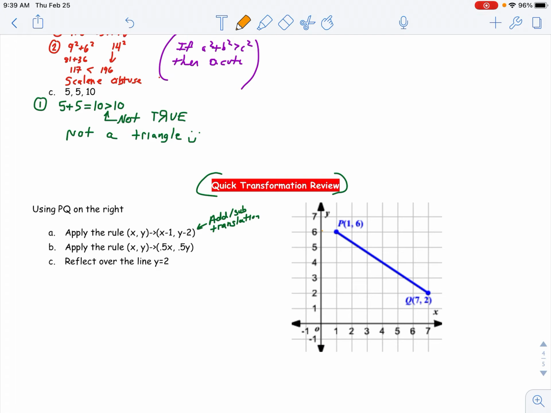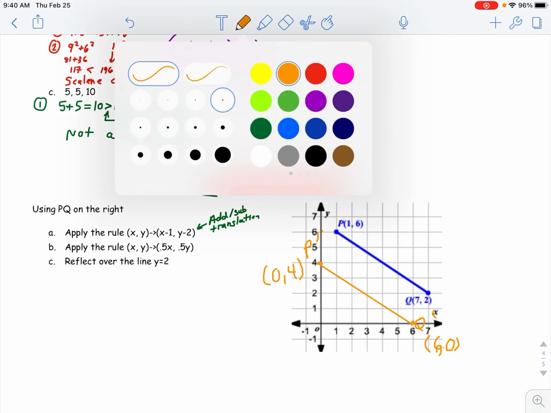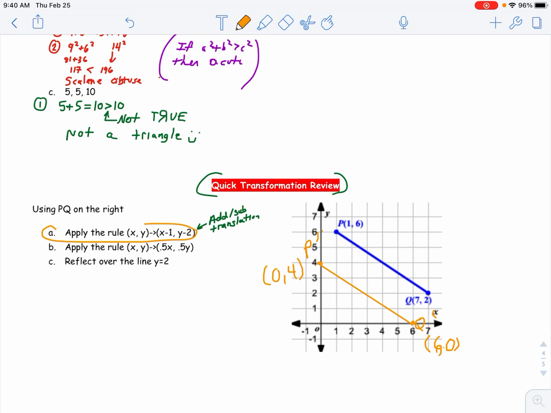Left 1, down 2, left 1, down 2. So this is going to be P prime, Q prime. And we'll even write out the coordinates. That is (0, 4) and (6, 0). All right, and we'll circle that one right here.